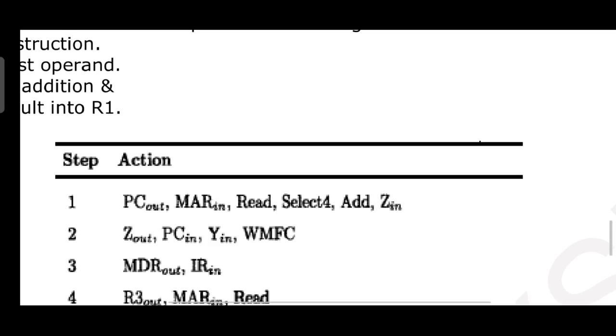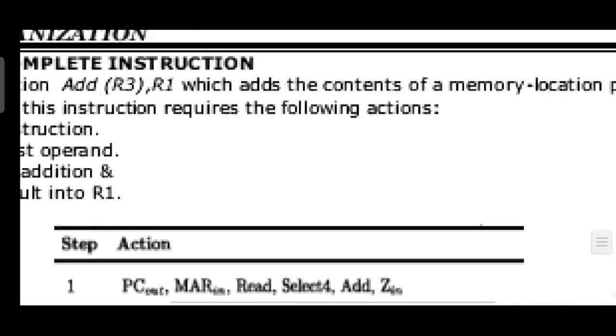Then select the constant value 4 on the multiplexer. The existing value of PC out is already received in Y. Go for addition and perform the addition with Z in.